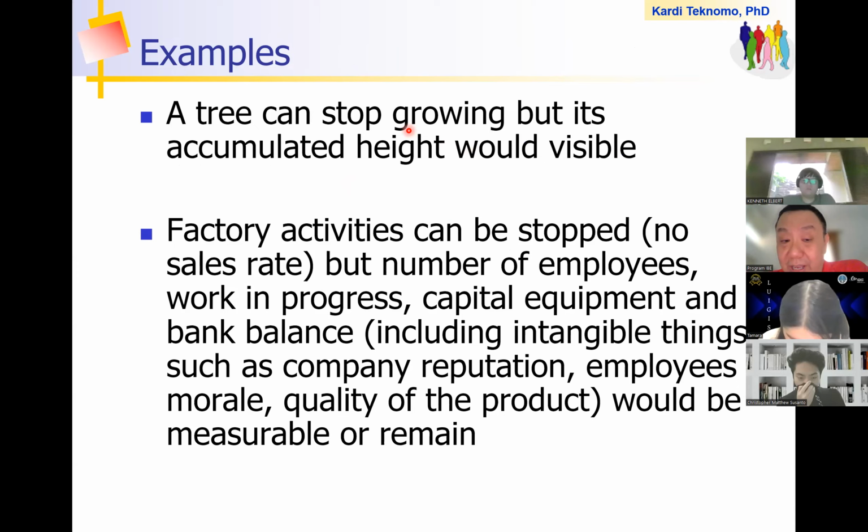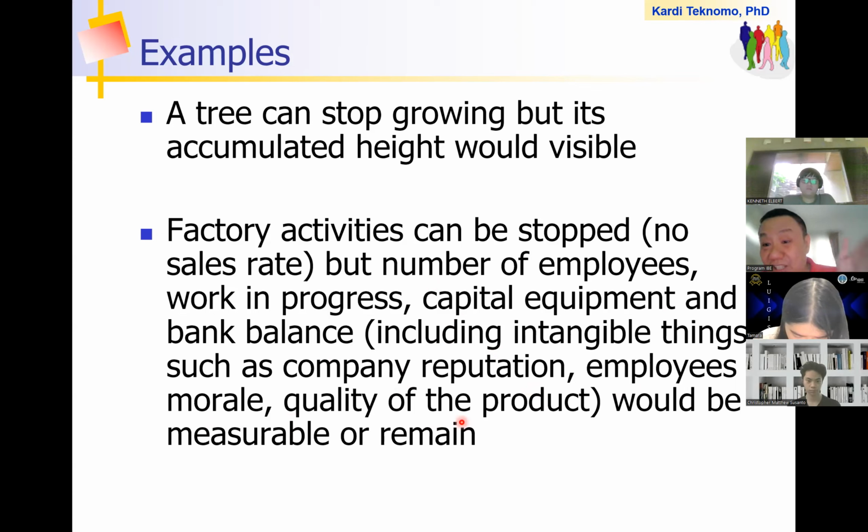Say on holiday, several weeks ago, there was Idul Fitri, right? The factory activity stopped, so no sales, no employees working. But the work in progress, the capital equipment, the bank balance, including the reputation, the employees' morale, the quality of the product will still remain, isn't it?